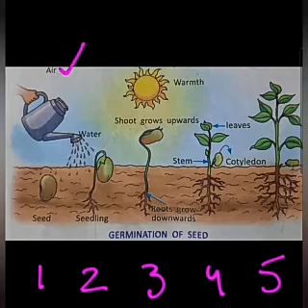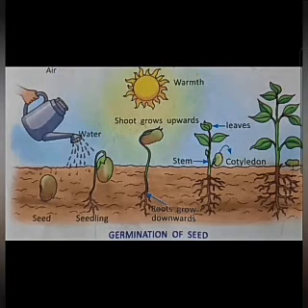So, here we can see that air is present, sunlight or the temperature is also present, and water is also here. So, we come to the conclusion that yes, all the necessary conditions for germination are present.